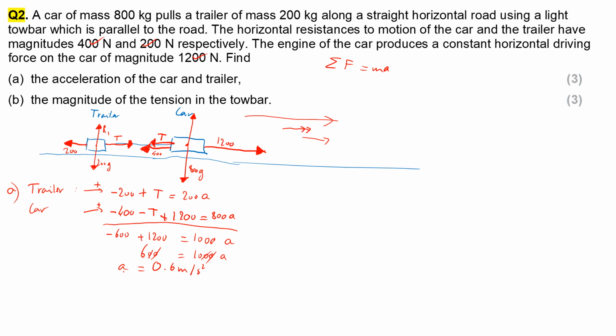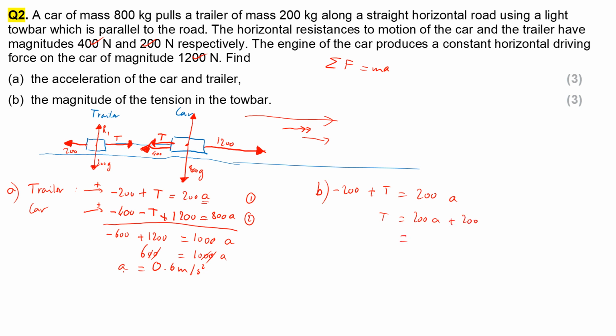And then the second part, once we have done that, is quite straightforward. I've got the acceleration, so I take one of the two equations. I'm going to take equation 1 because it's simpler. So I've got minus 200 plus T equals 200a. So T is going to be 200a plus 200.